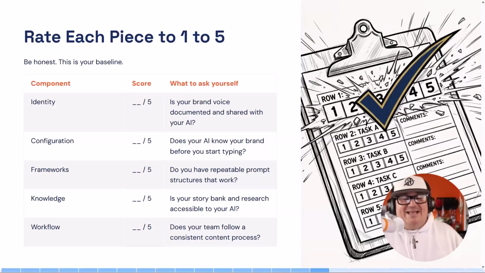Do your team's AI tools have custom instructions, project workspaces, and persistent memory set up so every conversation starts already on brand? Again, if you're using that configuration, the instructions, project instructions, and memory, score yourself from 1 to 5 across your organization.